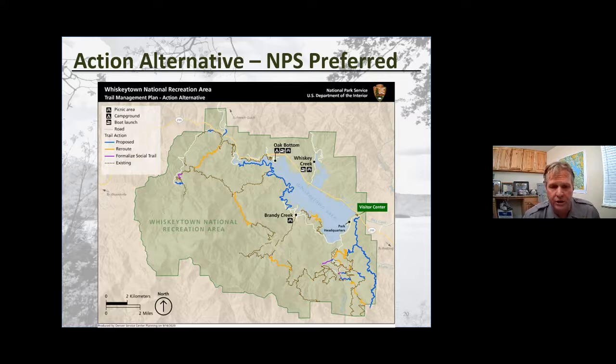Sure, we have roads here, but we don't really have bike lanes, and we really haven't catered very well to the road bike community. With this new trail, we'll be able to provide what is currently conceptualized as about 8.3 miles, and you can see that it follows the lake shoreline.